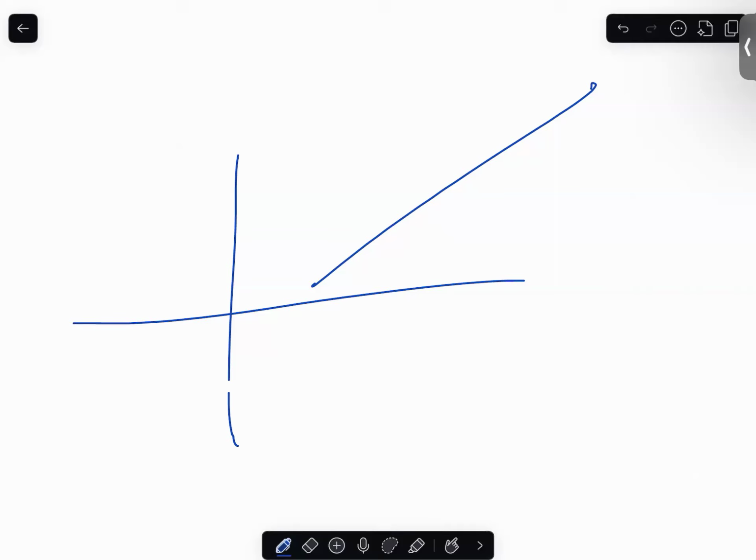As I go along from left to right, my hand is not tilting more. My hand is tilted up, so slope is positive, but my hand is not changing its tilt, so the slope is a constant positive number. Be careful. The value is increasing. The slope is constant positive.